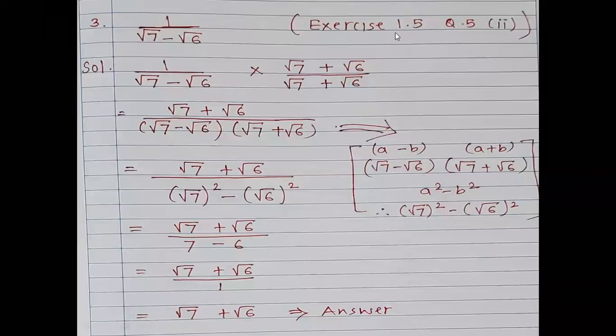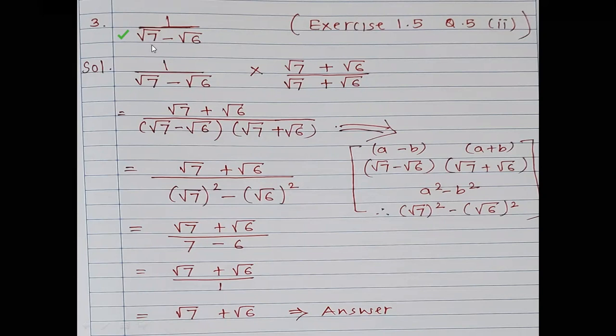Let us take another question from exercise 1.5, question number 5, second one. The question is 1 upon root 7 minus root 6. Now over here, you'll observe that you don't have an individual irrational number. But here, the irrational numbers are in an operation with each other.